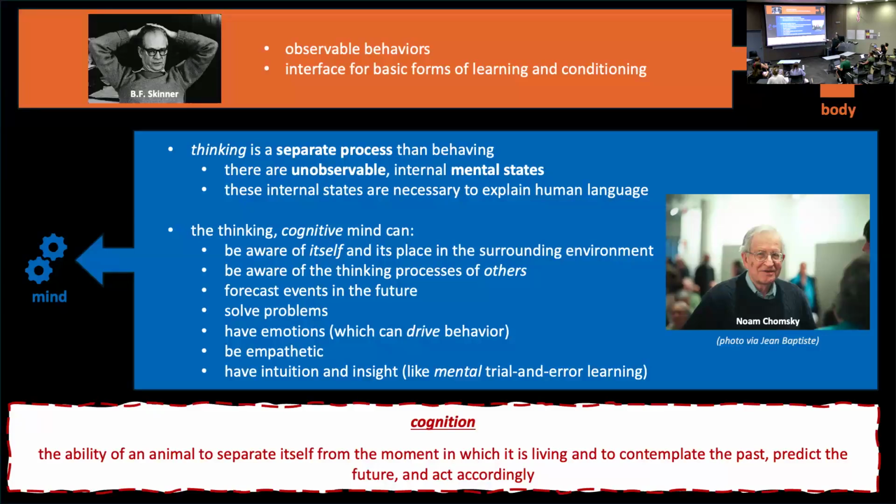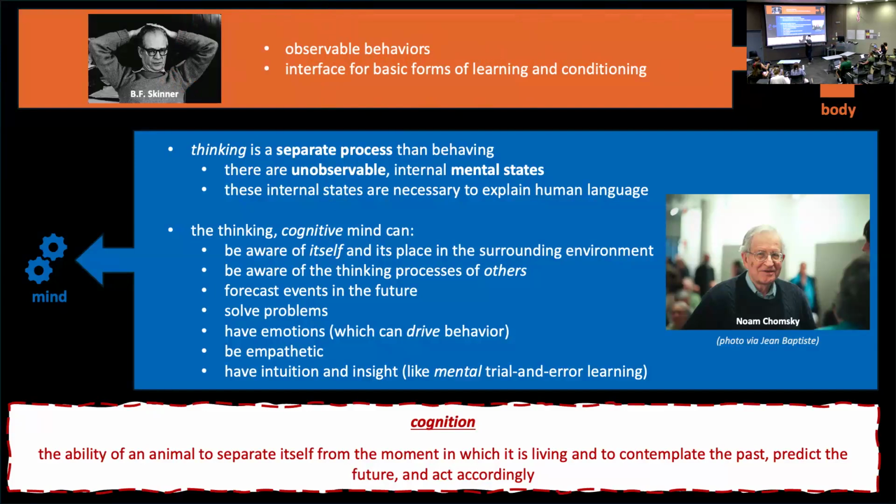And so, like I said, Skinner was largely reacting to, we've got to get rid of this stuff from drive theory and focus just on things we can observe. And the body is sort of the physical interface between learning and conditioning. So with Skinner, it was like, I'm not interested in whatever's going on inside the brain. I can't observe that.